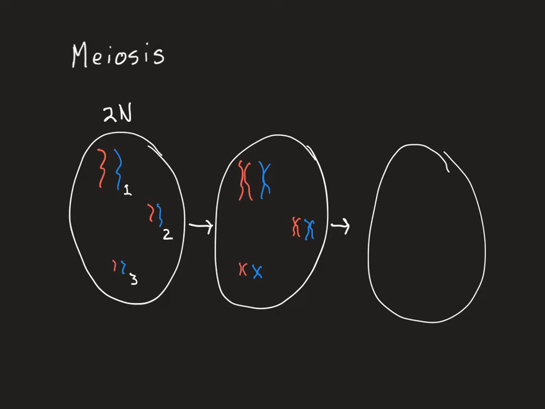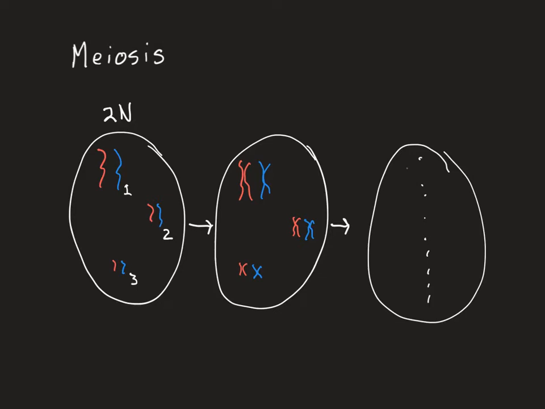So this is where things get a little bit different from mitosis. At metaphase 1, let's give us a metaphase plate. Usually during mitosis, the sister chromatids would line up across from each other, but that's not what's going to happen here.